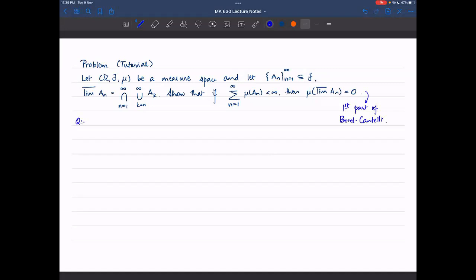And here's just a question for you to think about. Is the second part of Borel-Cantelli meaningful in an arbitrary measure space?